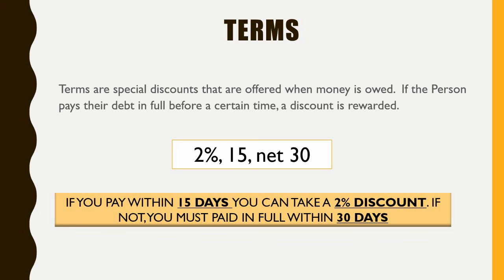With this type of arrangement, they offer you terms, an incentive to pay them back a lot quicker, and in return they will give you a discount. So again, terms of 2/15, net 30 means if you pay within 15 days, you will receive a 2% discount. If not, you must pay in full within 30 days.